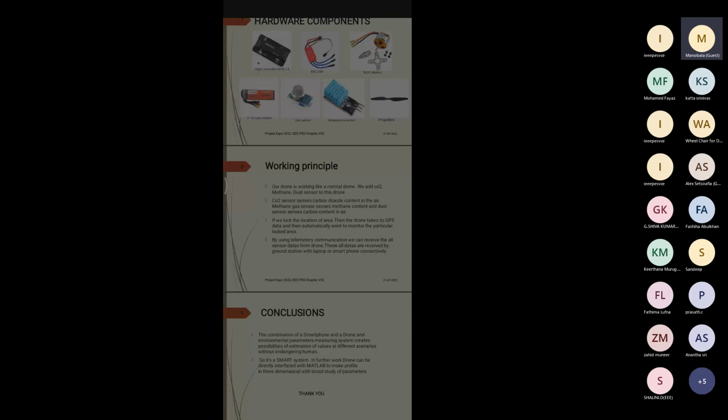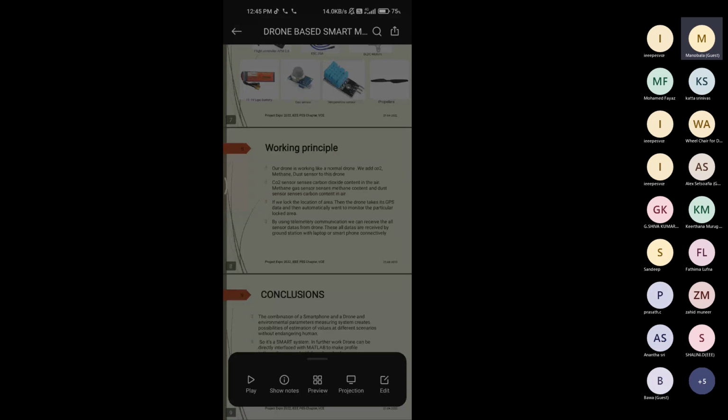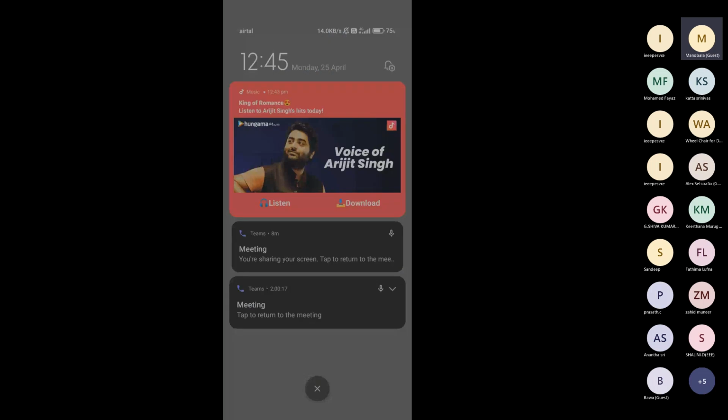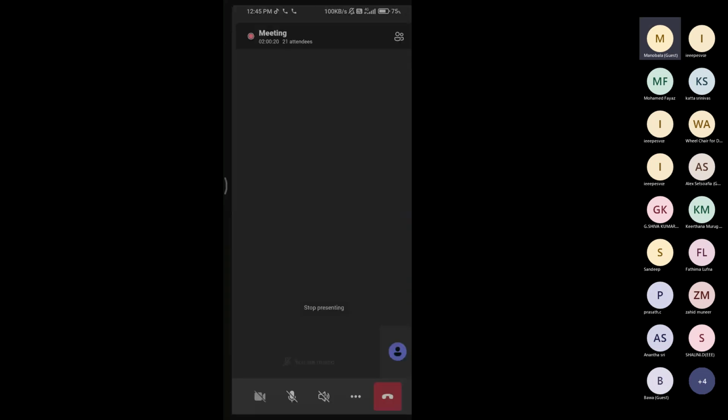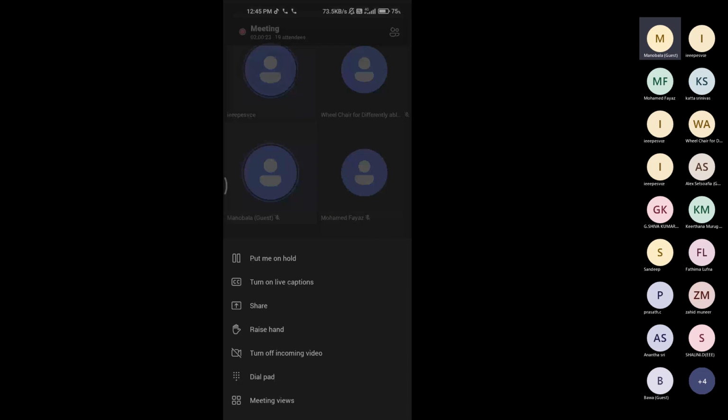Okay, so we'll go with the next batch. After that, we will break for lunch. So batch number 14. Wheelchair for differently abled from CMR College of Engineering and Technology.